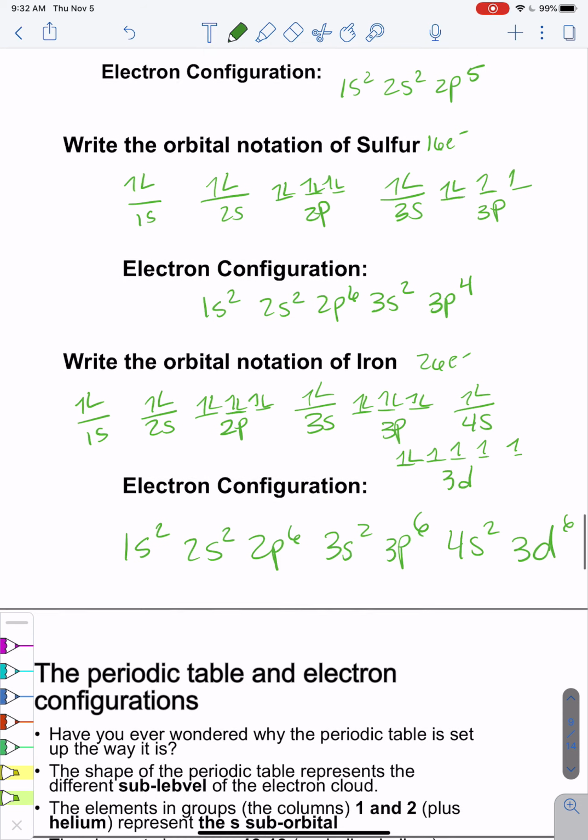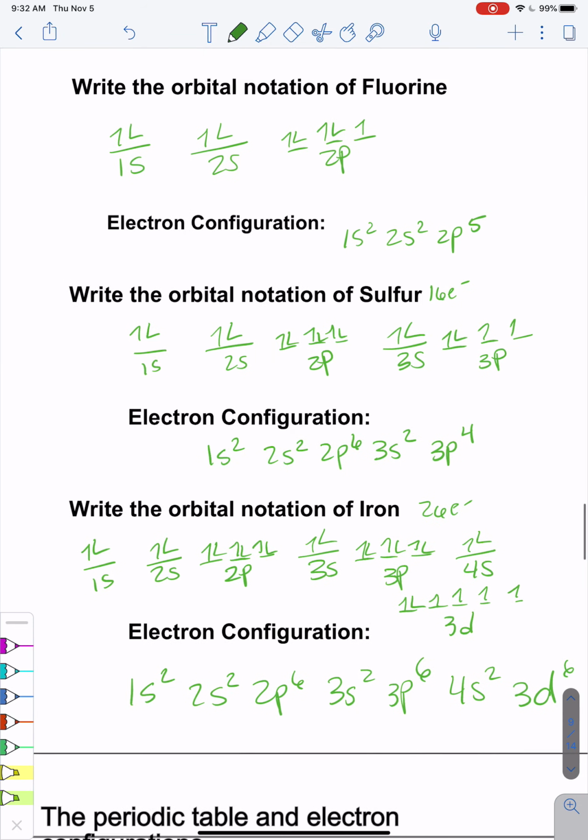Okay, here you go. These are the answers for your practice. Work those, make sure you're doing it right. If you have any questions, email me.